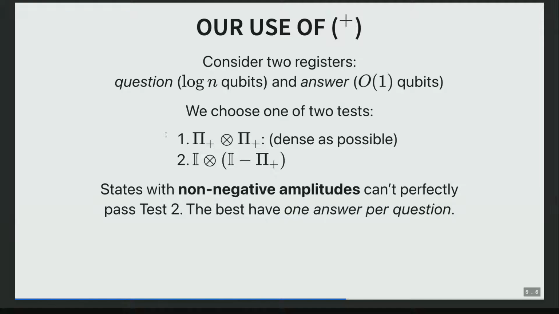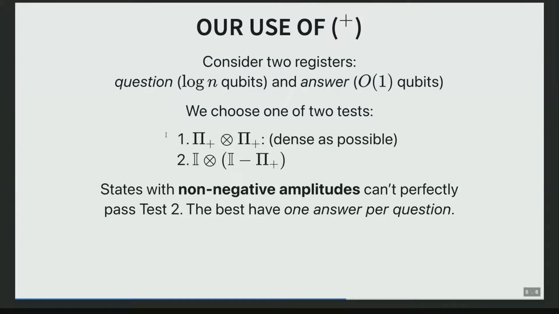So in the second test, I have some projector, and there are states that succeed on the projector with probability 1, but if I promise that my state has non-negative amplitudes, then I claim that I cannot pass this with probability 1. And the test is checking whether this expectation is high enough.